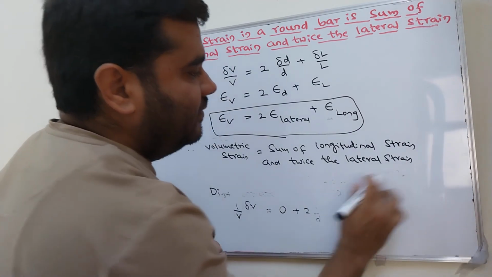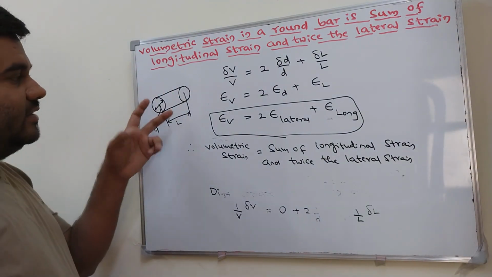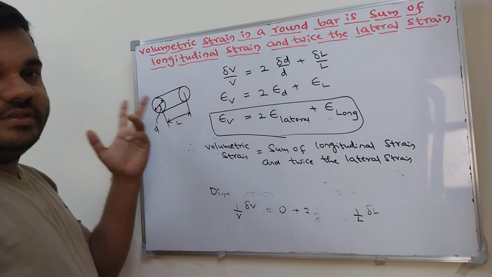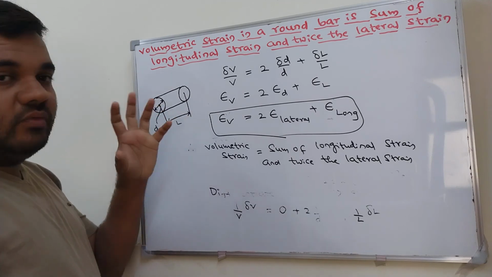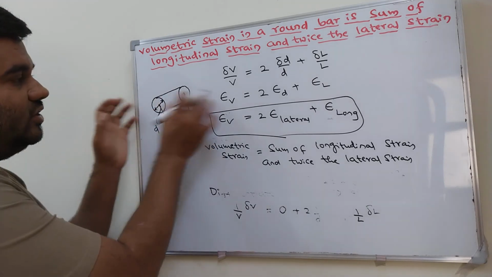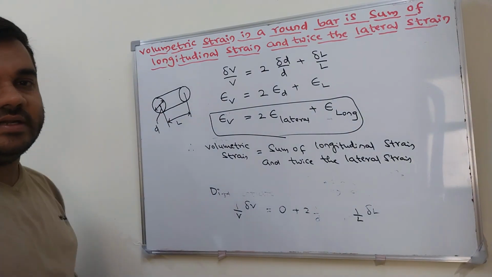This is the proof. So always remember, in a solid circular bar with diameter d and length l, the volumetric strain is the sum of the longitudinal strain plus twice the lateral strain.